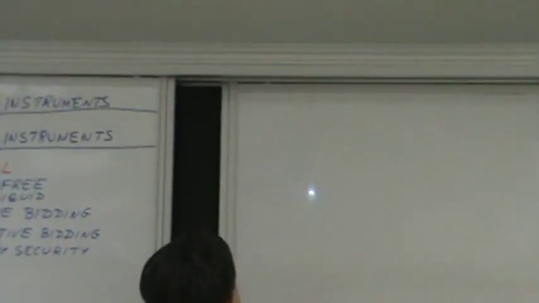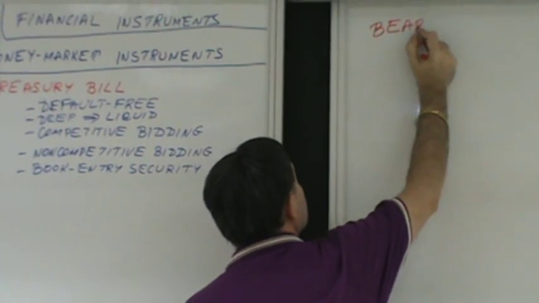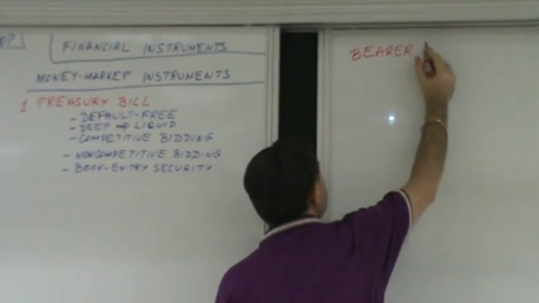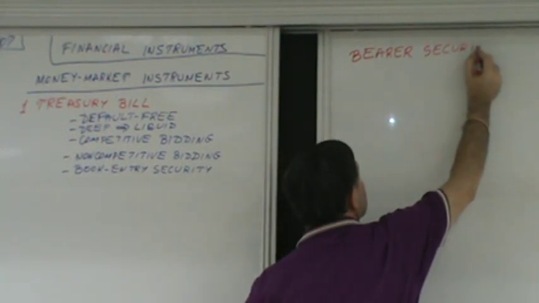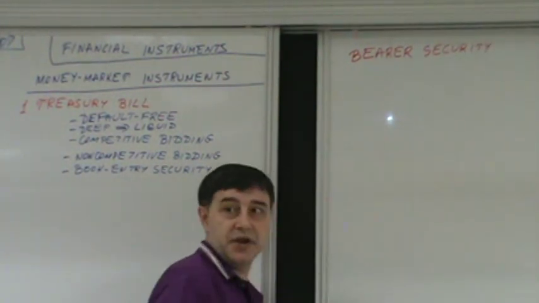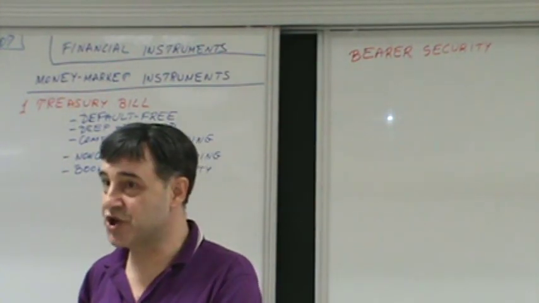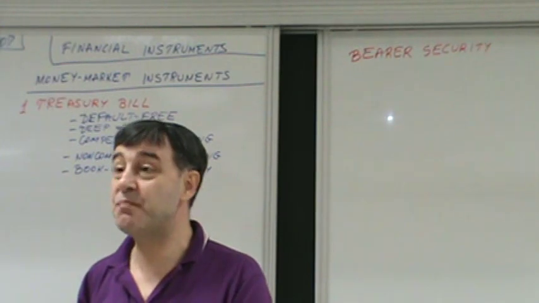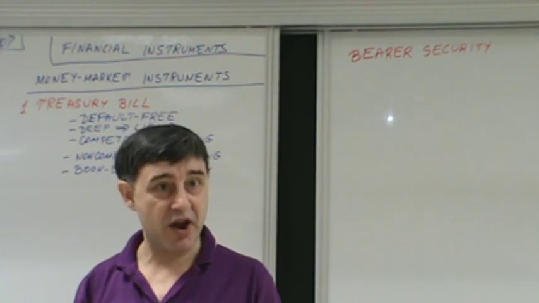And the opposite is called bearer security. Bearer security is a financial instrument which is paid or repaid to the bearer.